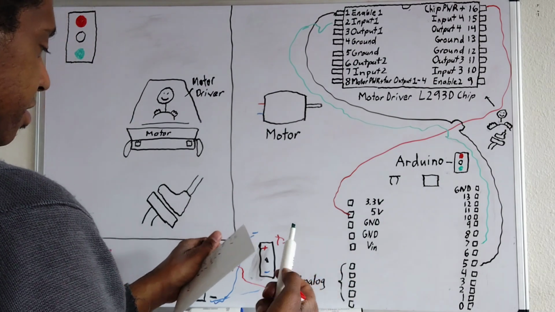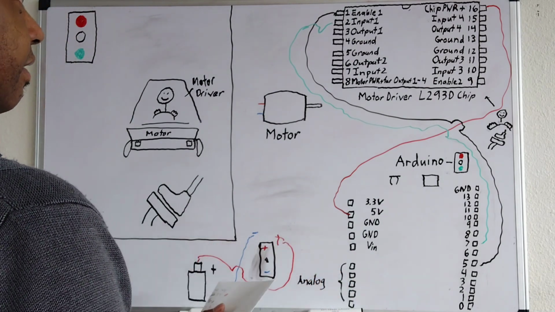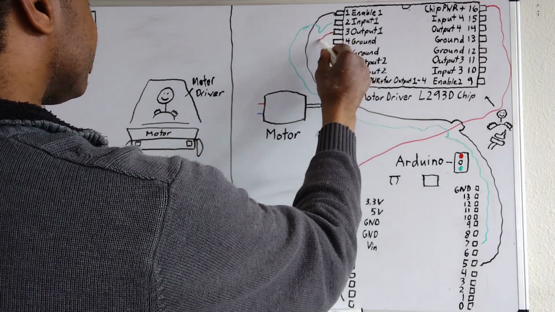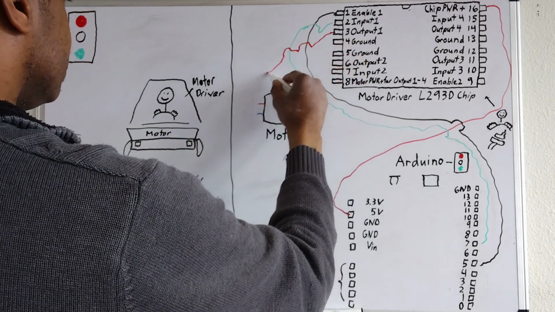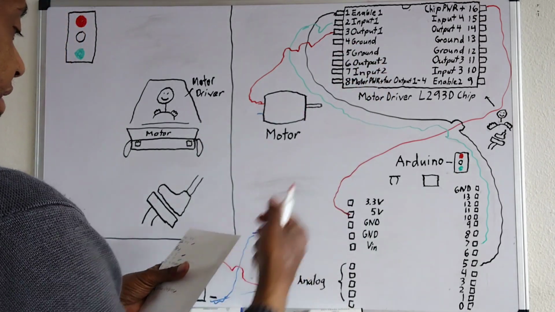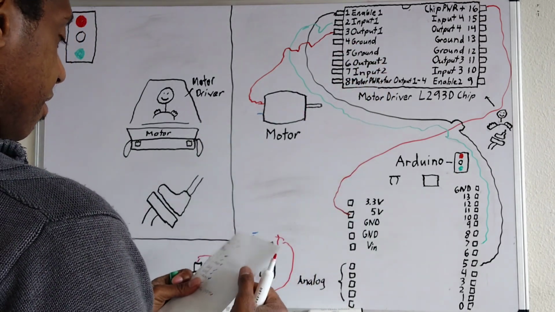Okay, output 1 is, let's see, from here we would want to go here to here, and ground. We always need ground, even chips need ground.